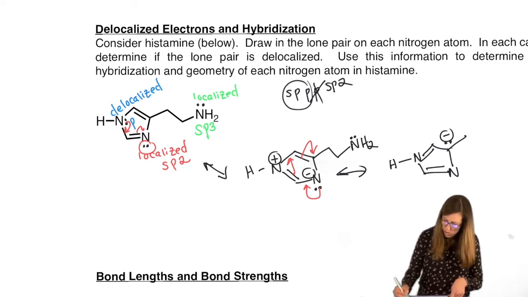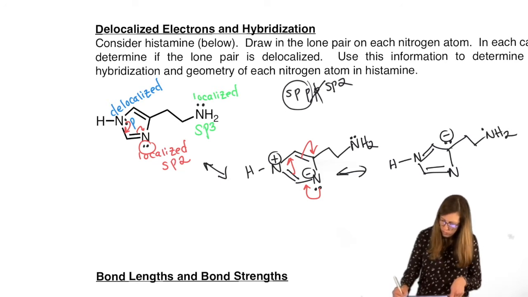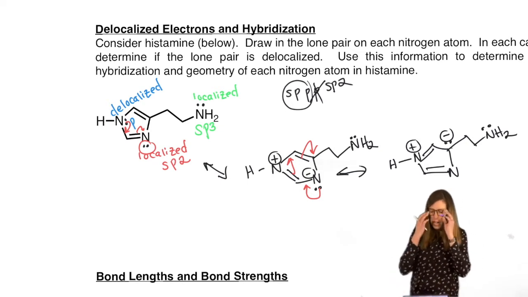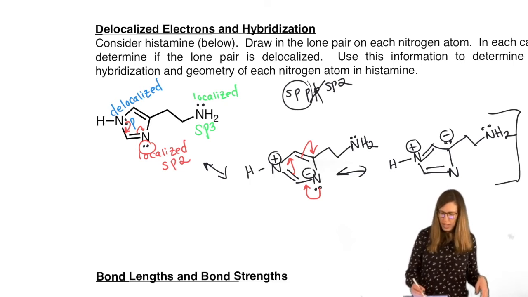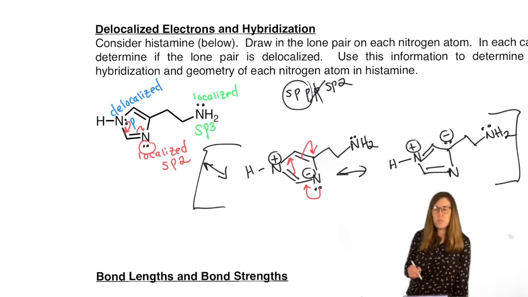I accidentally drew an extra carbon, so let's make up for that there, and H2. That one's back to normal. This one still has a positive. So notice my analysis. Step back away and I say, okay, I have a net neutral, because I started off neutral. My resonance structures look pretty good.